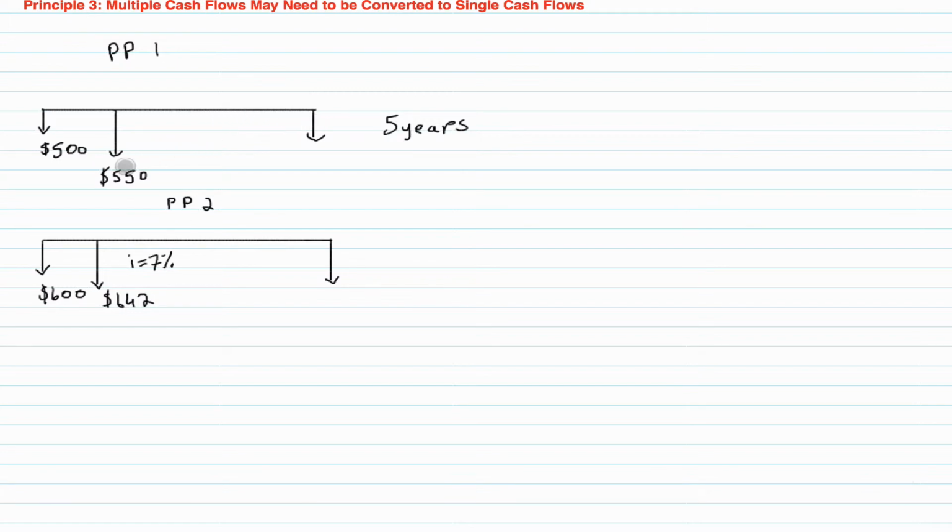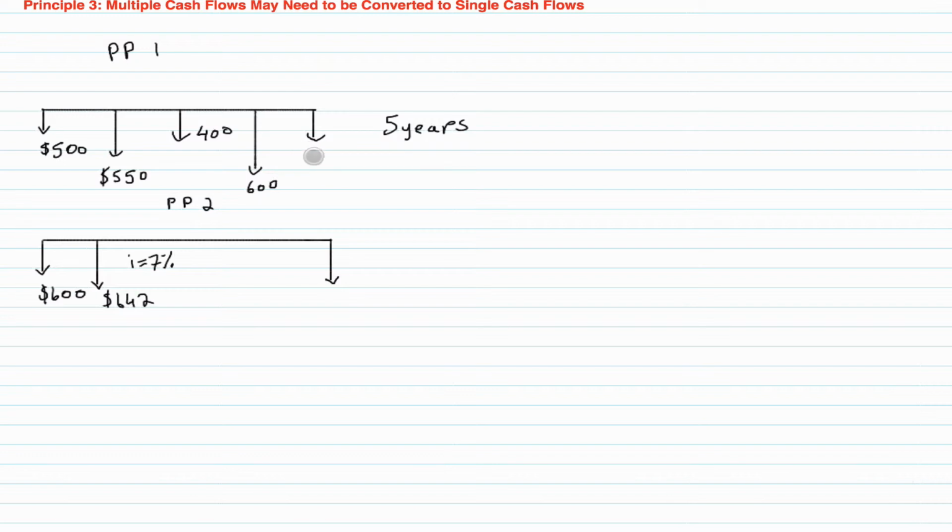So after 5 years, you would have to convert each of these cash flows, because suppose this pay plan starts off 500 and then becomes 550, and then let's say it's an irregular type of cash flow. So this one is 400, and then this one is 600, and you would have to take all of these cash flows and put it into one period.